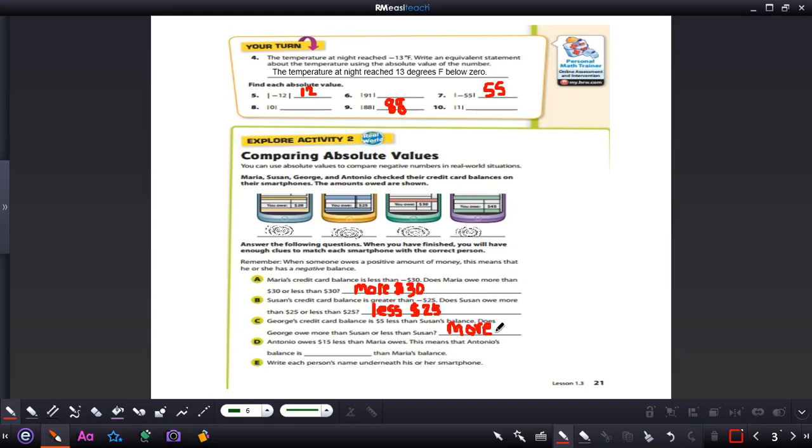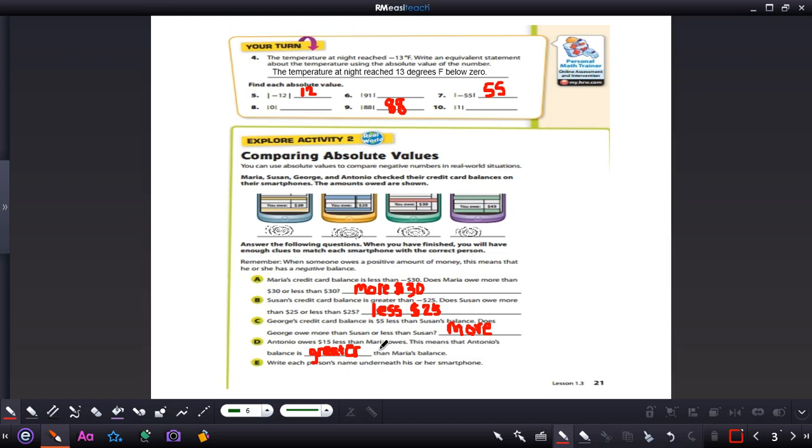Antonio owes $15 less than Maria owes. This means that Antonio's balance is, we can see that this is greater. And just think about if somebody owes less money to somebody, then obviously they wouldn't owe as much.